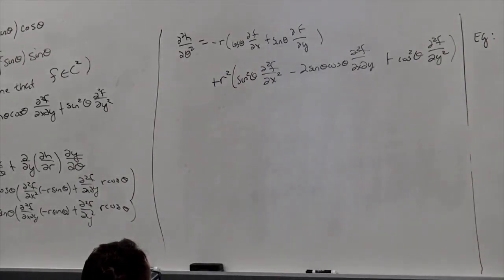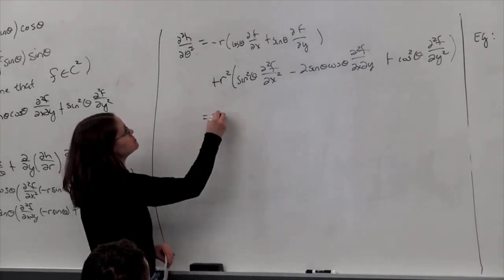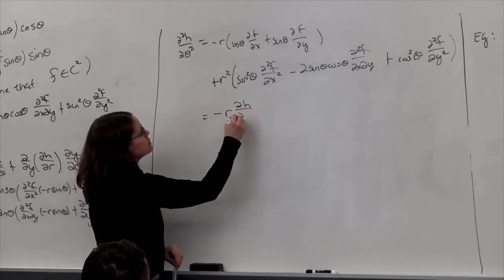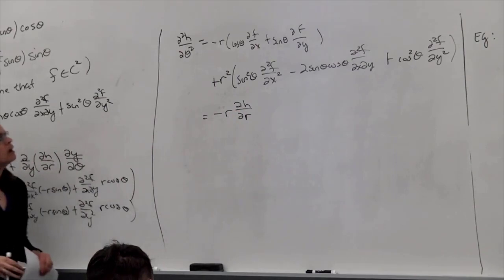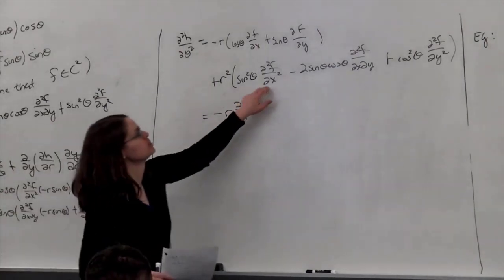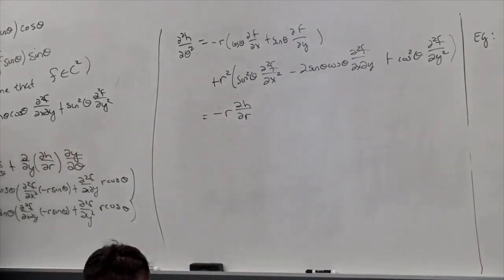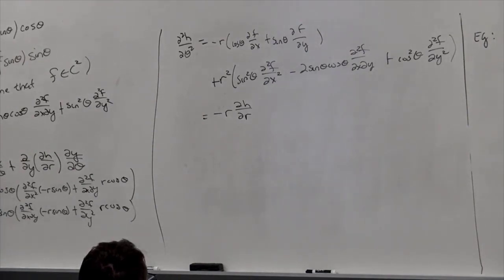So that's dh by dr. So I could simplify that to dh dr. Now, again, what I really want is the sum of this and this. Right now, they're multiplied by these sine squared and cosine squared. I just want ones in front of them.